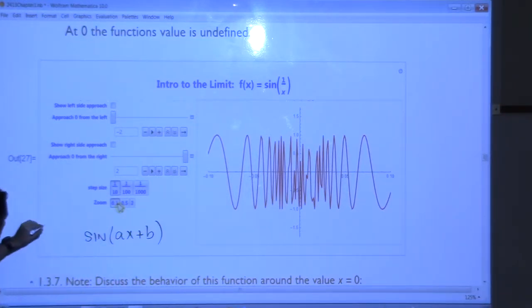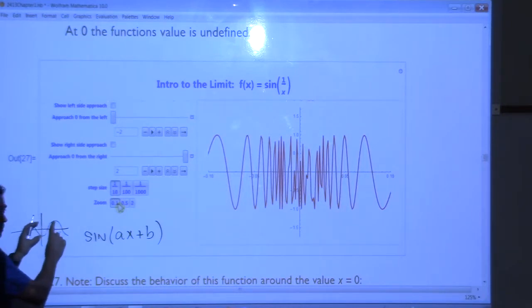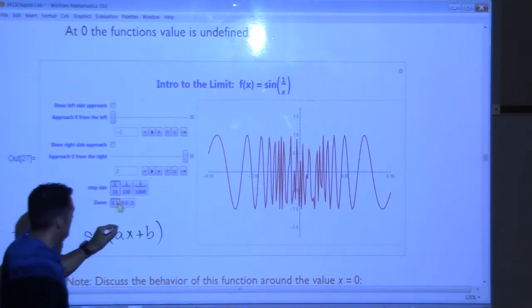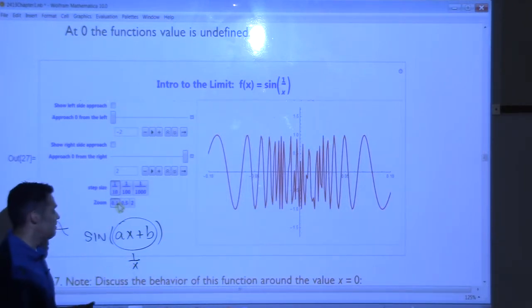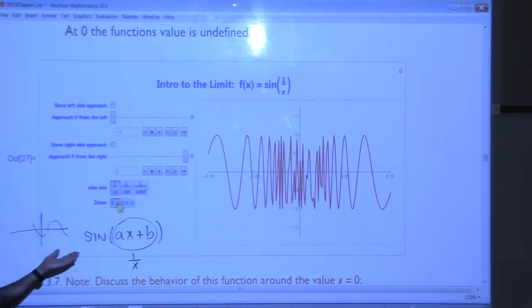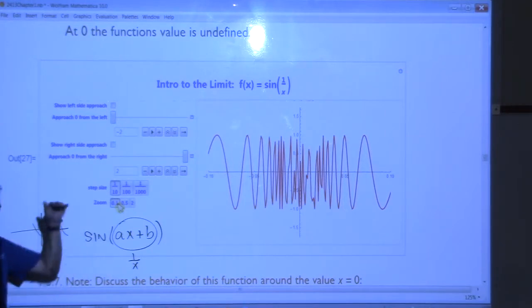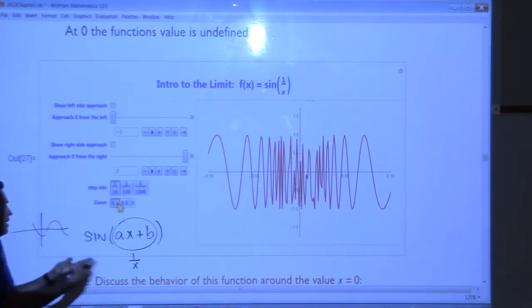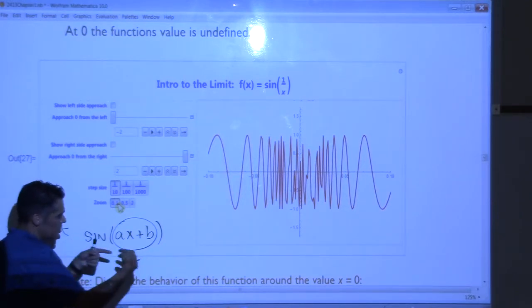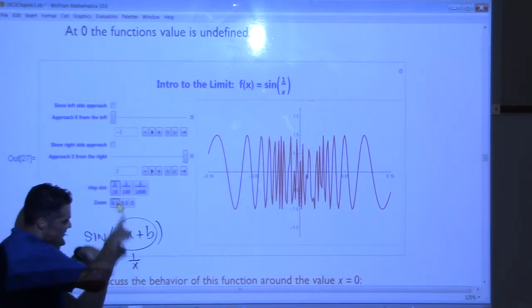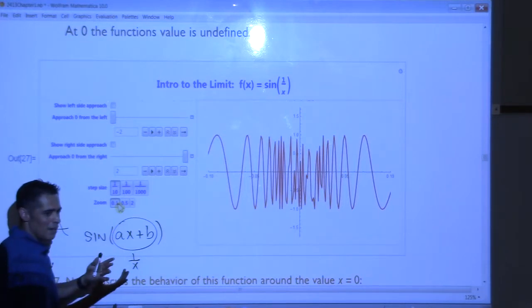So I could make it where your sine function does not pass through 0 just by doing a translation. Even more, if the thing inside is not linear, in this case it's 1 over x, then it's very possible that it never goes through 0. And in fact, you can't go through 0 here because at 0 it's undefined. And as you get closer to 0, this thing just tries to, I don't know if that's helping.